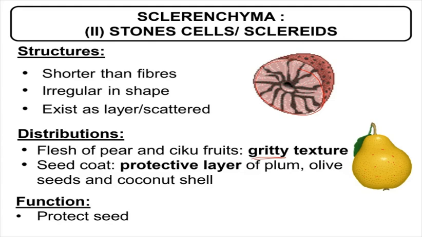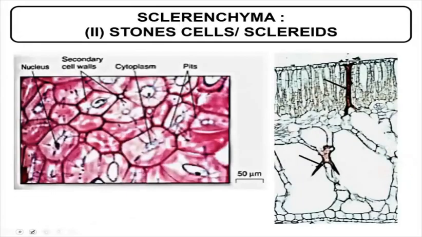Those are the sclerids. Seed coat, kalau layer dia coating the seed as protective layer of seed. Function to protect seed. Secara umumnya macam tempurung kelapa tu, tu boleh dikatakan sebagai sclerid juga.